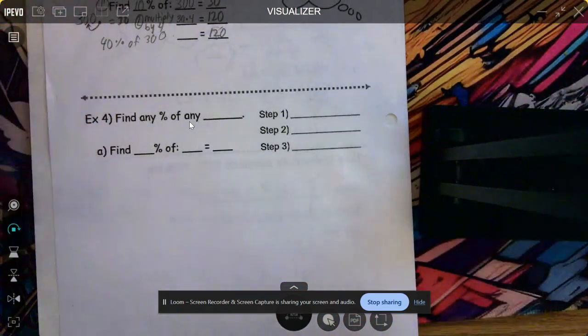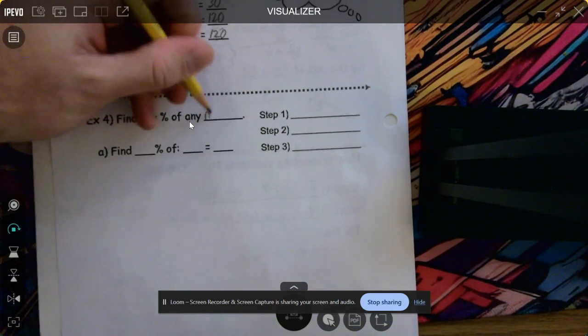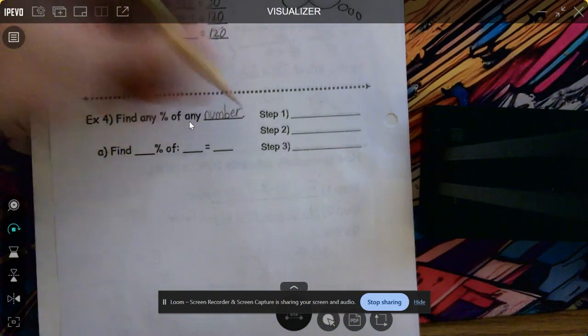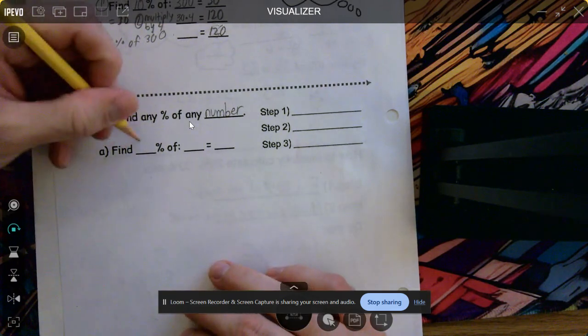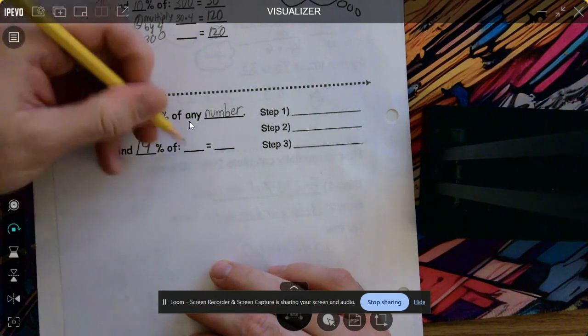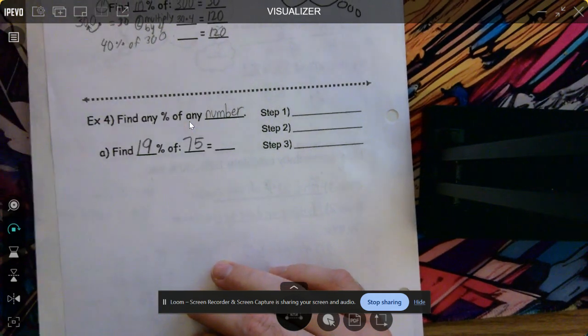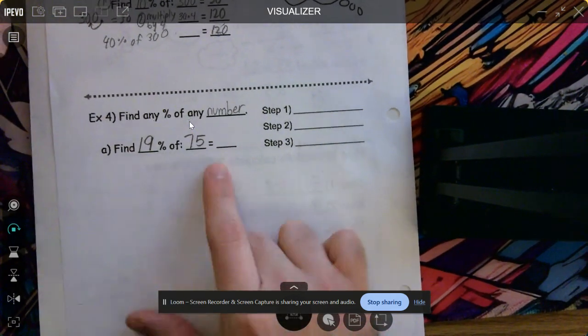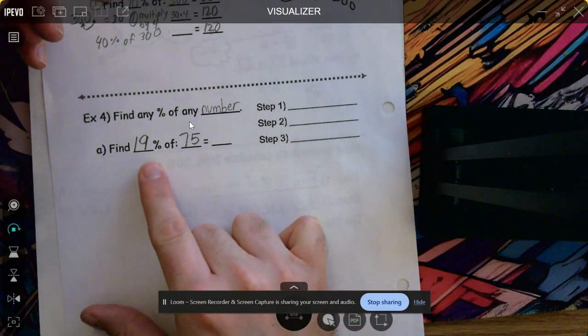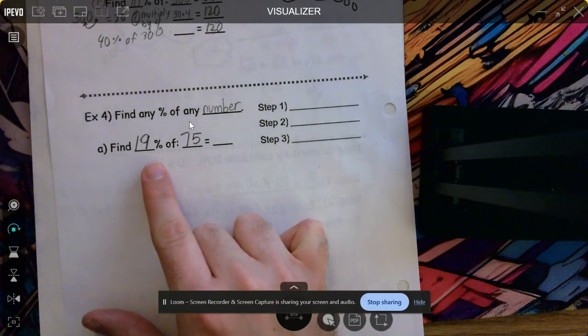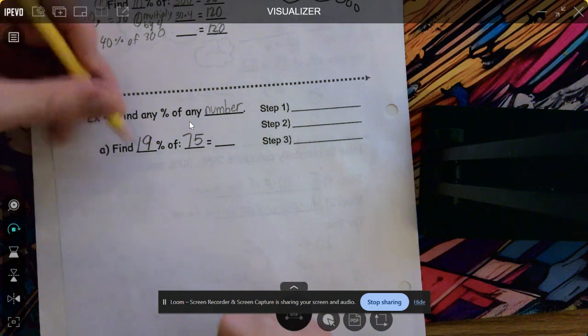Now, number 4. So this is our last example. I want to show you how to estimate to find the percent of any number. So let's see. Let's find 19% of 75. So 19% is not a friendly number. It doesn't end in 0. So we don't have a strategy for that. But what can we do?